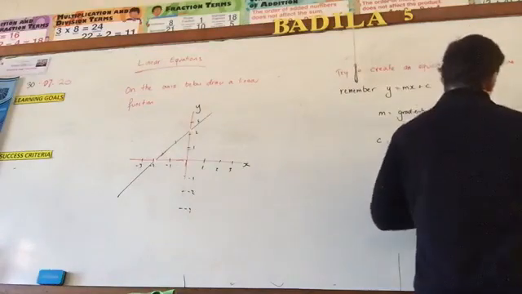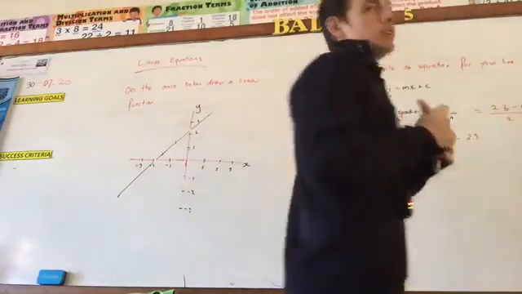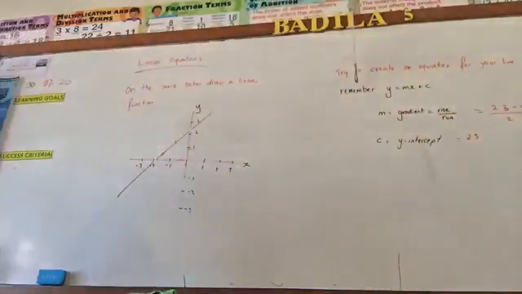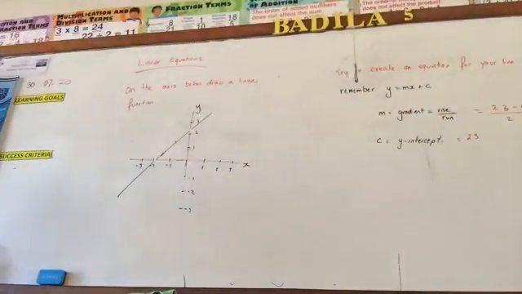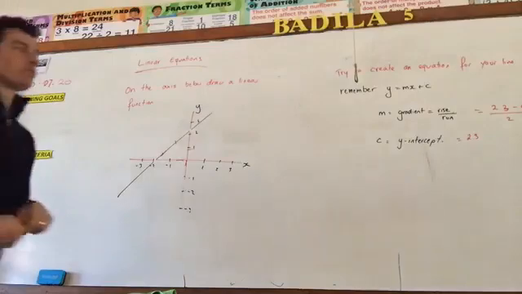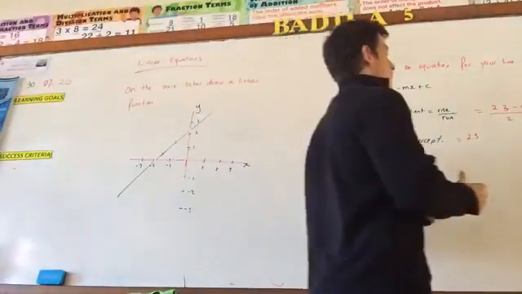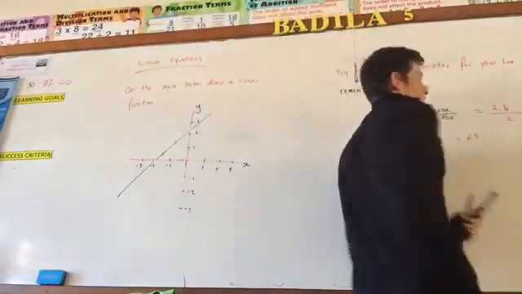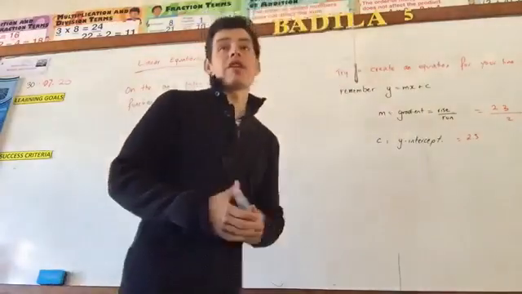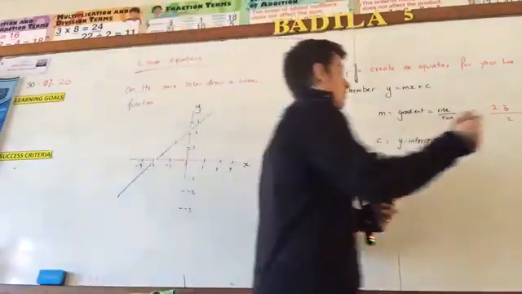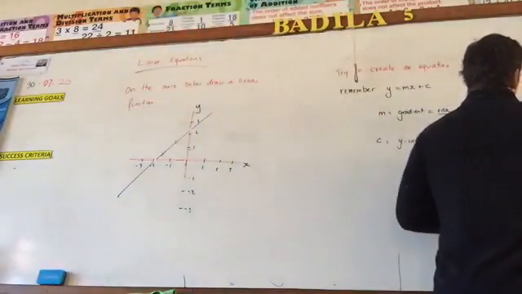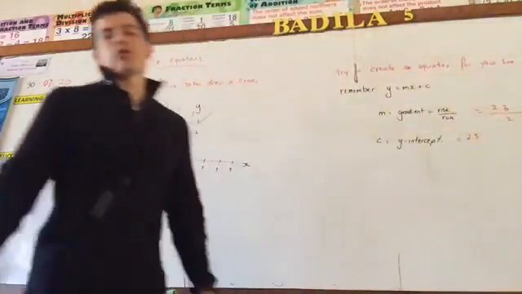I'll just put it in as 2 for simplicity's sake. So the gradient of that, what's 2.3 minus 0? 2.3. So 2.3 divided by 2 is my gradient for that function, which is 1.15. Very good mental math.